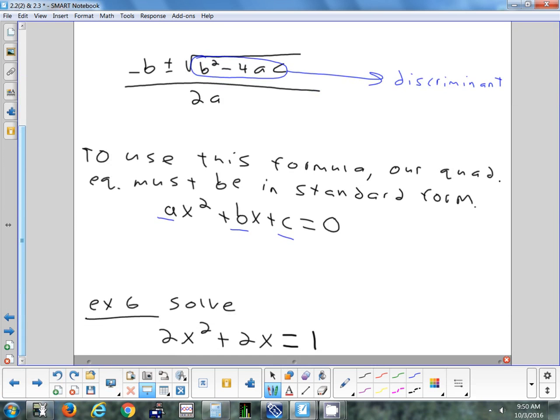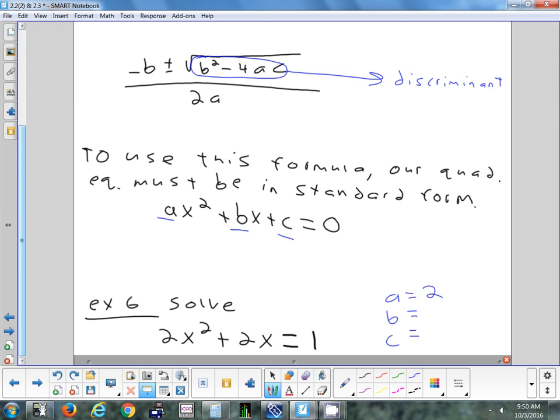Okay, so let's go through this one. We'll identify what A, B, and C are first, and then we'll plug them into the formula. Okay, Jacob, can you tell me in example 6, what is A? 2.